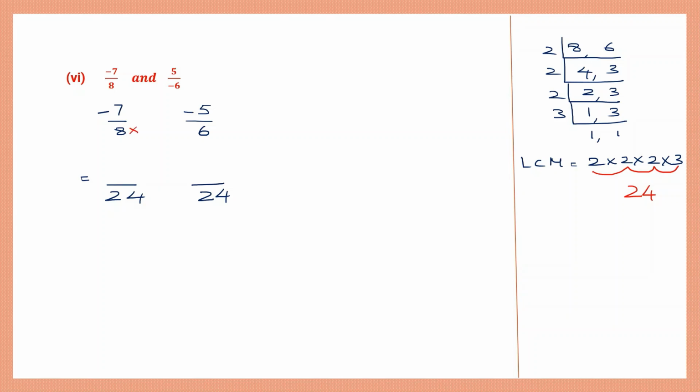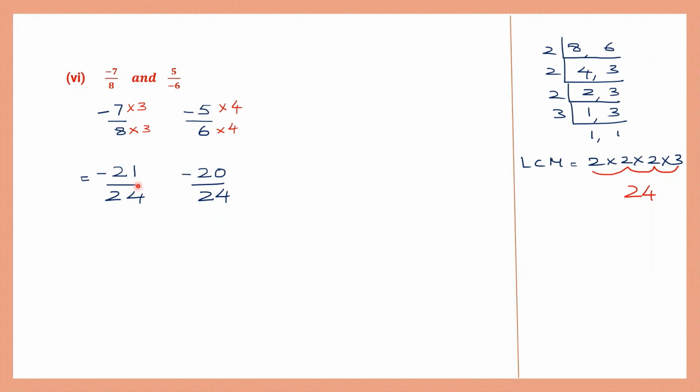Now 8 3s are 24, so minus 7 into 3. That will be minus 21. Now what about 6 here? 6 into 4, so minus 5 into 4. Minus 5 into 4 will be minus 20. So here we have two rational numbers, minus 21 by 24 and minus 20 by 24. The denominators are the same. So look at the numerators.